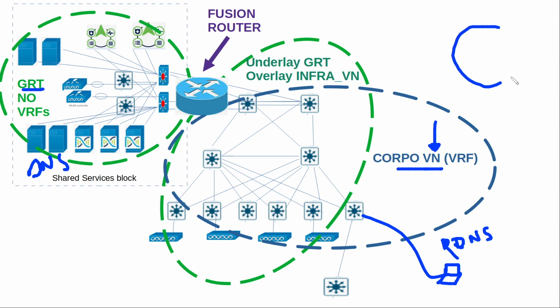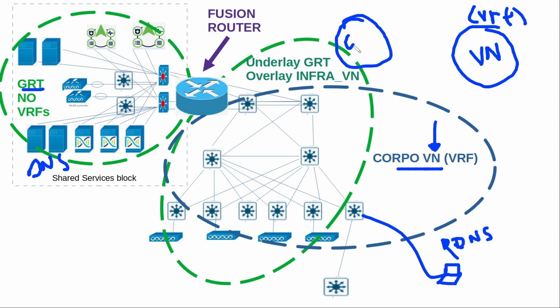So there is no way to communicate packets from devices that exist inside a virtual network, which is actually a VRF, to devices that live in the global routing table. They live in separate domains, in separate universes. So there is no way that this device is able to query the DNS server, because the DNS server lives in the global routing table.